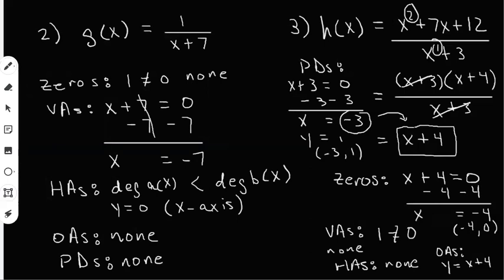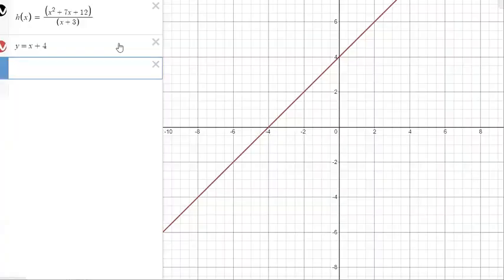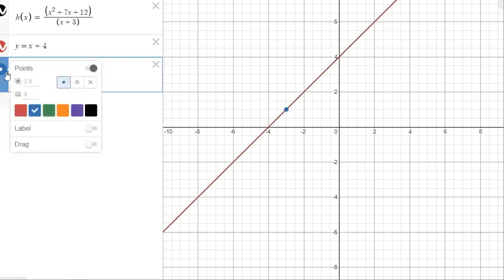So I'm going to graph that point, but I'm going to graph it as a hole because this point is going to be missing from the graph. So going back here, let's go ahead and graph it. (-3, 1). It shows up as this blue point right here. And what I'm going to do is hold this point down. That way it gives me a whole bunch more options, right?